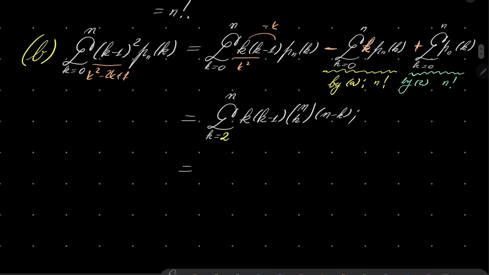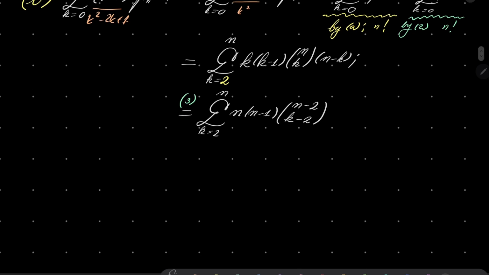And now using my claim number 3, instead of k minus 1 times n choose k, we can actually put n minus 1 times n minus 2 choose k minus 2. And also I will change n minus k subfactorial to n minus 2 minus k minus 2 subfactorial.